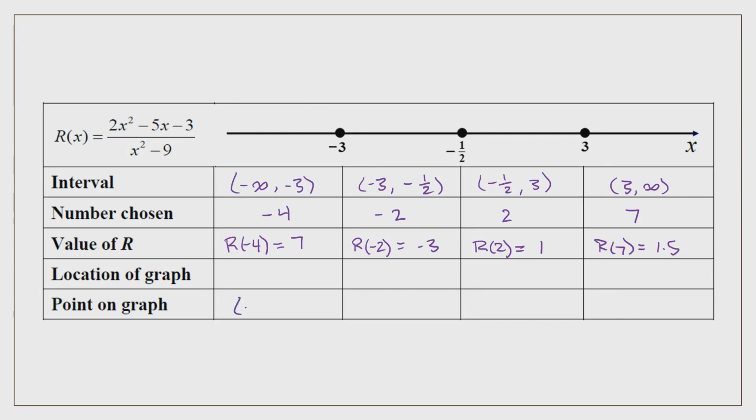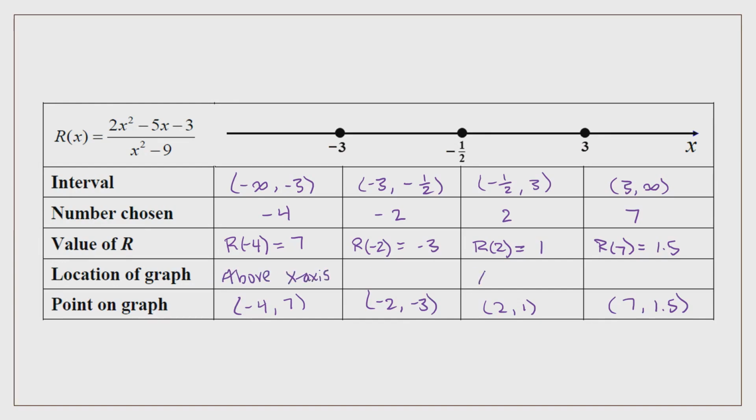So that gives us the points -4, 7, -2, -3, 2, 1, and 7, 1.5. So if our y is positive, we are above the x-axis.